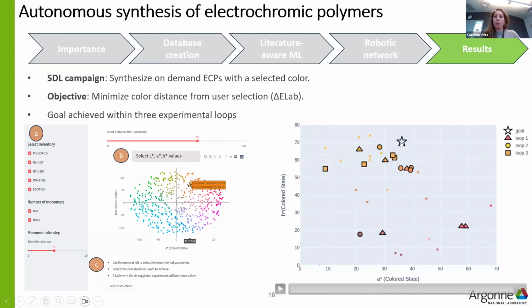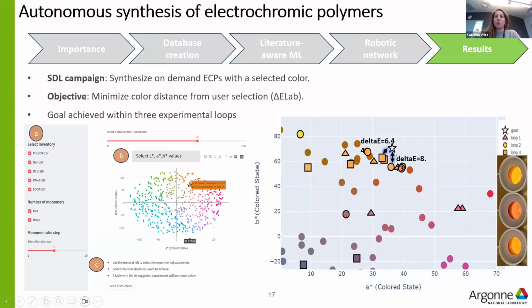Then by loop 1, loop 2, and loop 3, we can see that it gets closer and closer to synthesizing the polymer we're interested in. At the end, in 3 loops, we managed to find the material having exactly the color the user wanted, and the whole process was guided by this machine learning model that was trained on literature data.